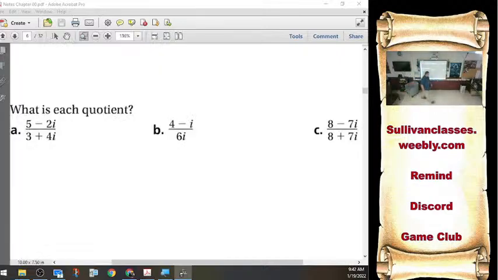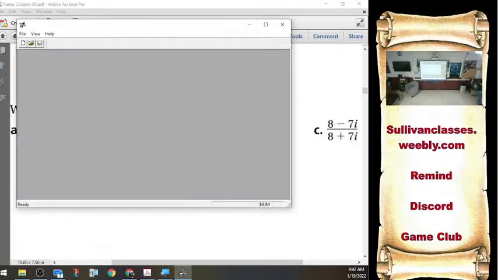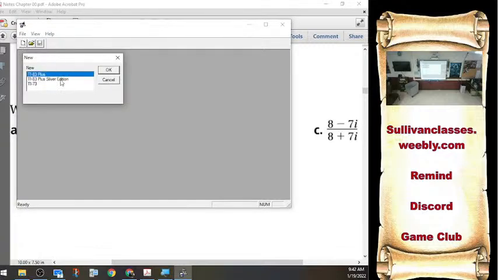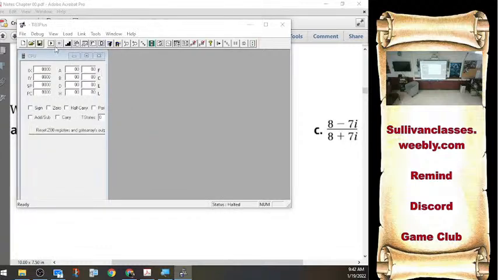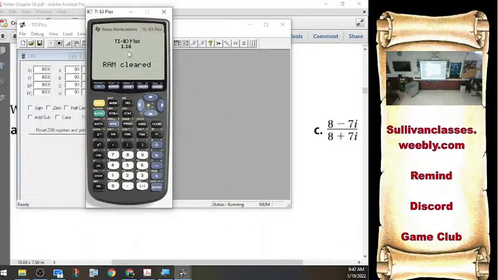You got to go through this old school Windows 93 looking program. Oh, it went up there. Cool. And then you have to hit new, and then you choose your calculator, and then you have to hit play, and then it brings up your calculator.